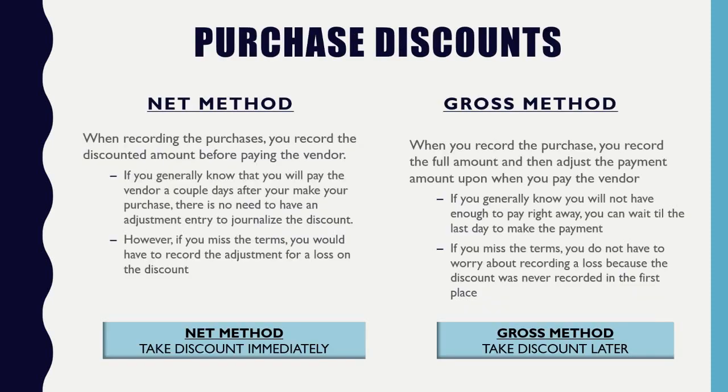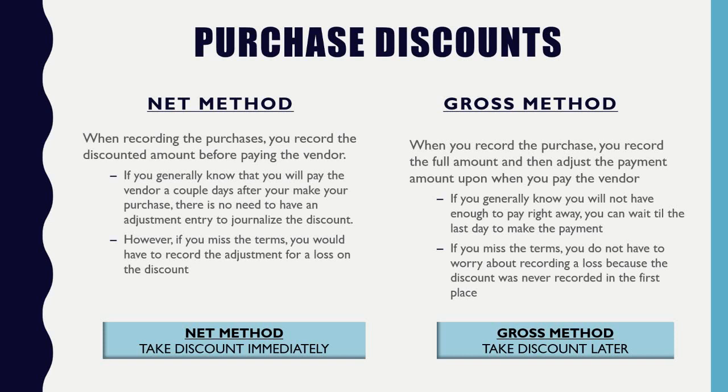There are two methods of how we can record that: the net method and the gross method. Think of it like your paycheck. Your net pay is your gross earnings minus all the taxes, where your gross pay is before the taxes. The same concept applies here too.